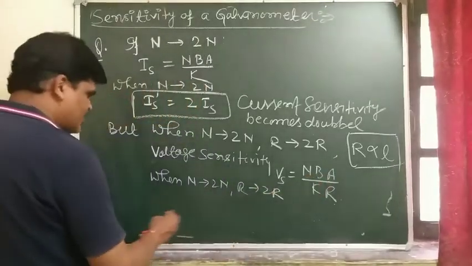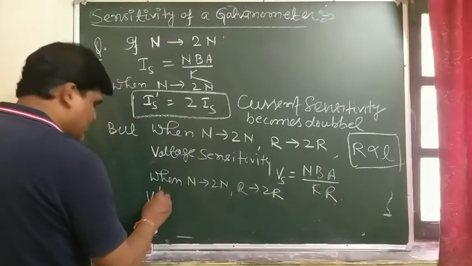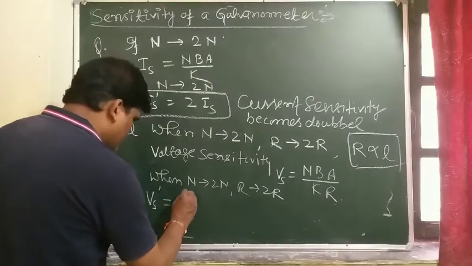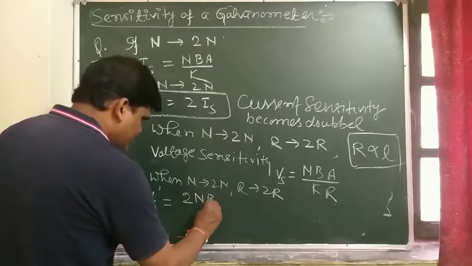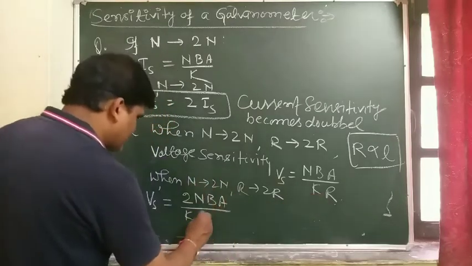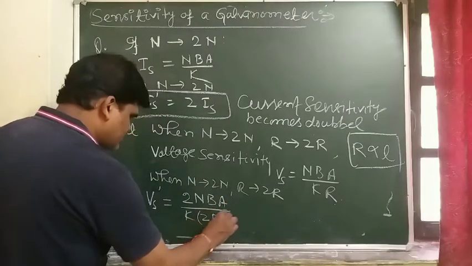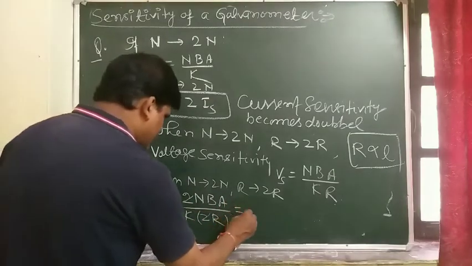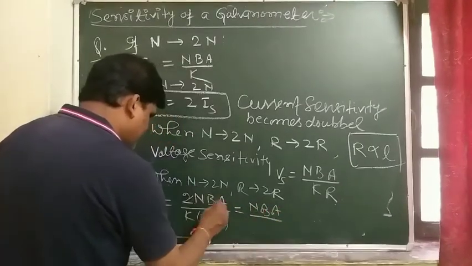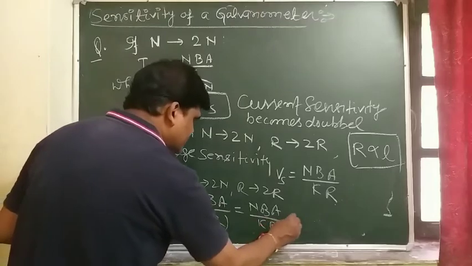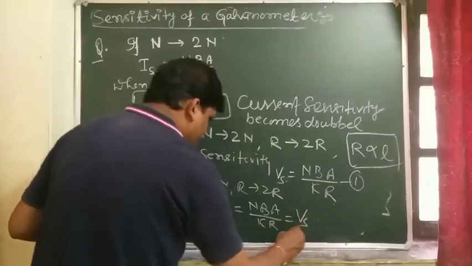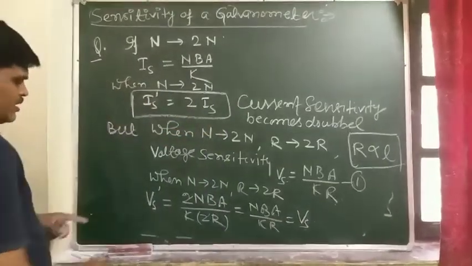So the new voltage sensitivity Vs dash is 2NBA by K, with resistance also doubled. The 2 cancels out, and again we get NBA by KR, which from equation 1 is Vs.